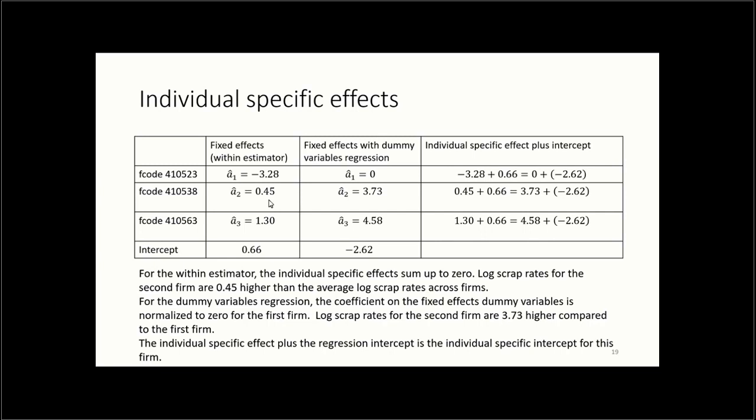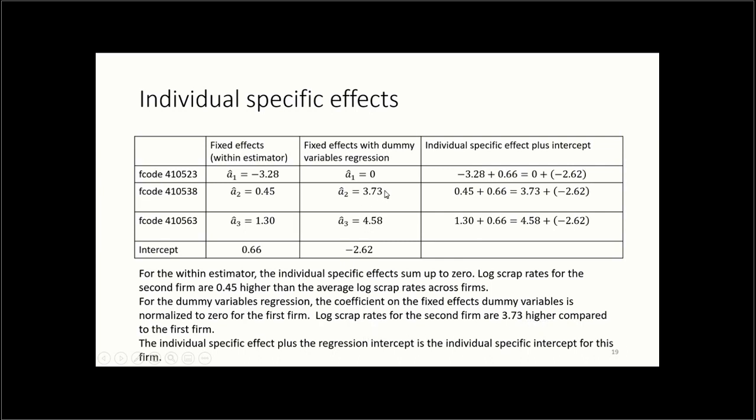The way we would interpret this individual specific effect, that's the coefficient here, is that we normalize everything. We normalize this coefficient to be equal to 0 for the first firm. We need to interpret it in comparison to this reference category. So here we would be saying that log scrap rates for the second firm are 3.73 higher compared to the first firm.